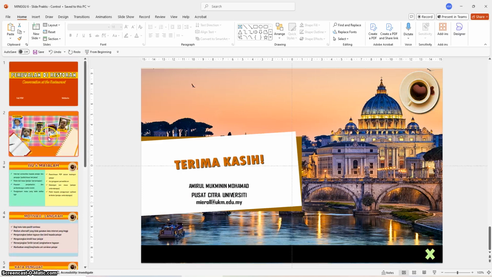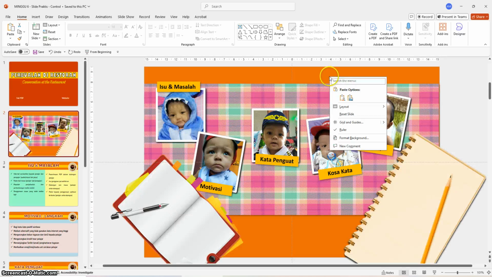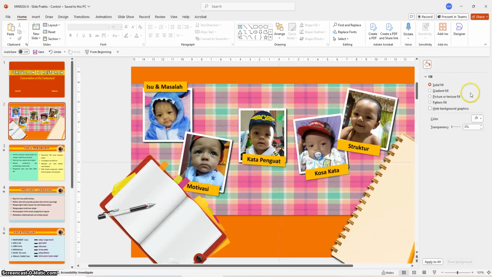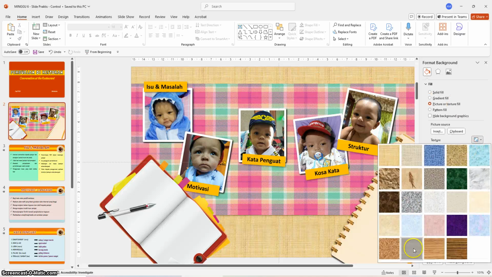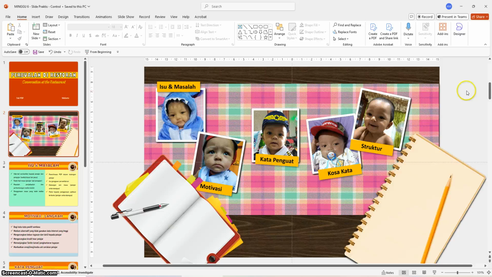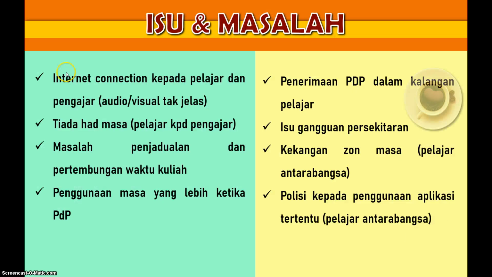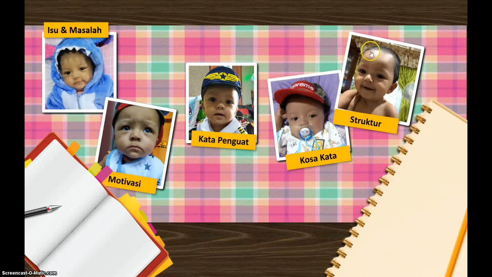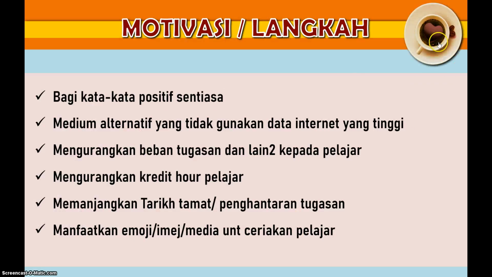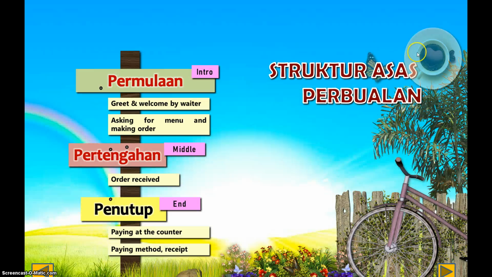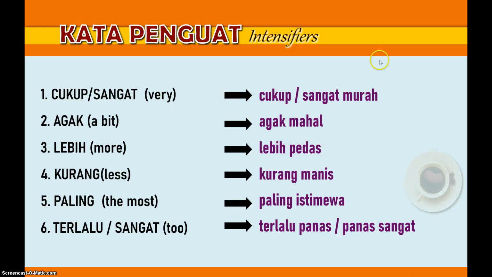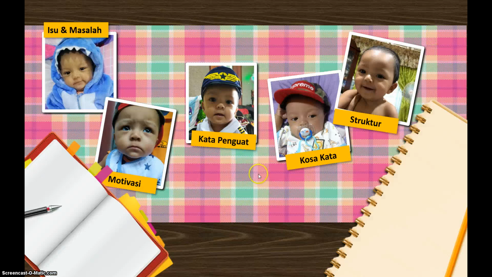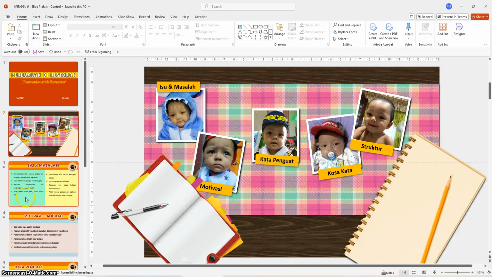Wait a minute, I think I want to change the texture a little bit so that it can have this kind of texture. Okay, so that when I turn on the slideshow, I go to this one, I can return to my text. I go to this one, I can return to my text. I go to this one, I can return to my text, and I go to this one, I return to my text. Okay, I think that is my intention.